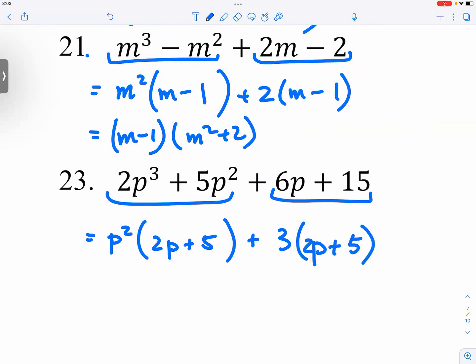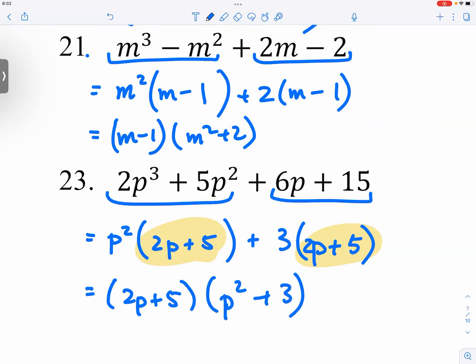Now, if you're smart, if you know that we're doing factoring by grouping, I mean, if you did the first one correctly, you can sort of predict that the second one should have a parentheses that have the same thing. If they are somewhat different, you can double check yourself, okay? And then you see what's common. What's common, it's here, 2p plus 5. So you take that common factor out. So you have p squared plus 3.